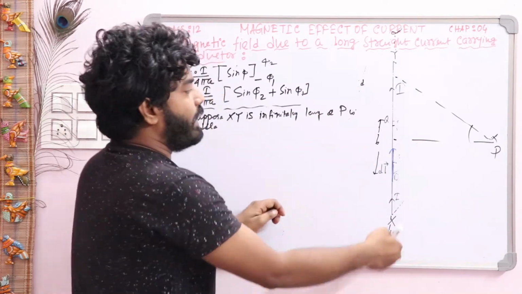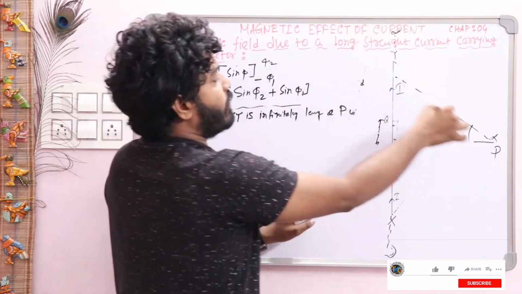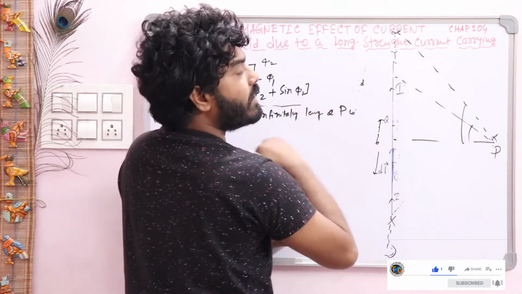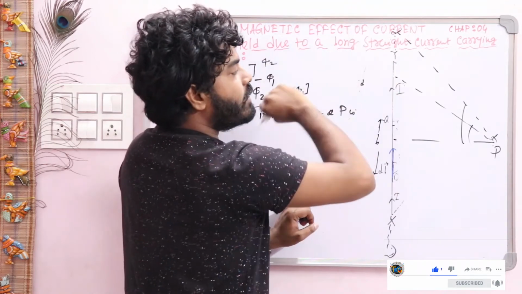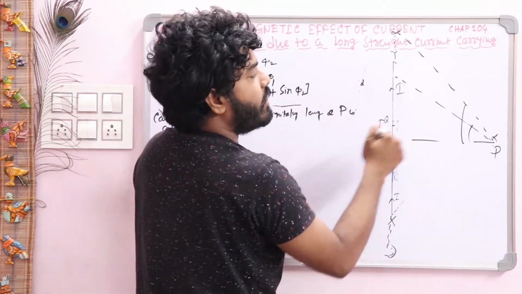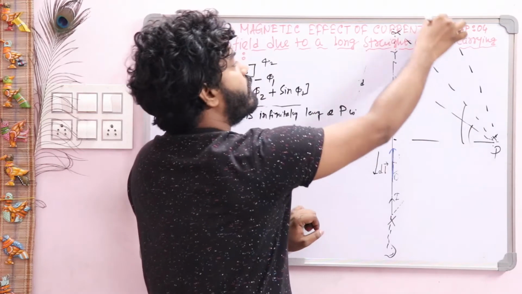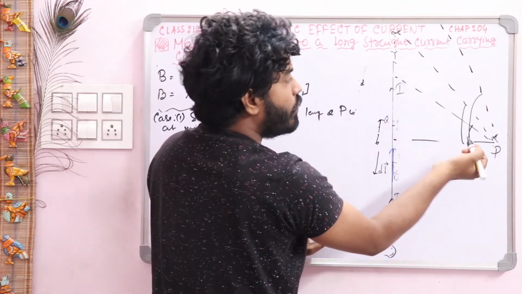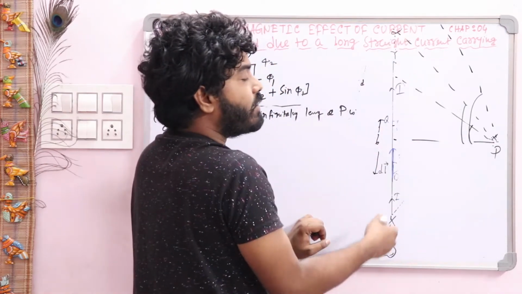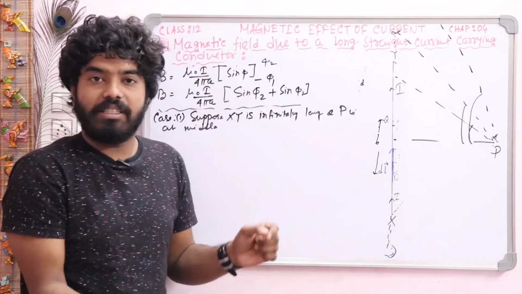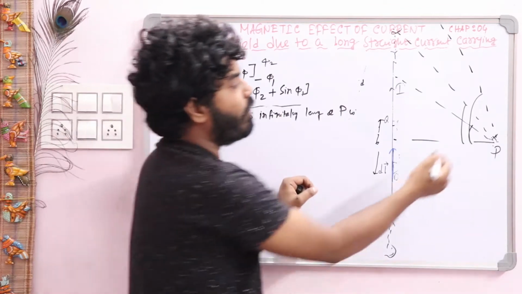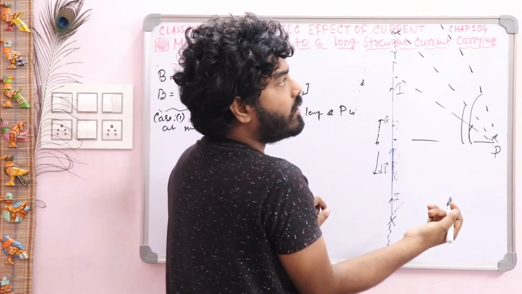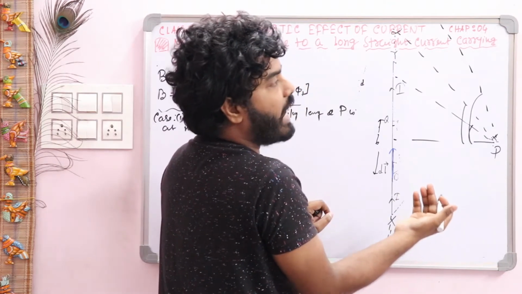Now the length of this wire is infinitely long, that means as the length of the wire increases, the angle also increases. So when the length of this wire is infinitely long, then the value of phi 2 will be nearly equal to what? 90 degree, or you can say pi by 2.